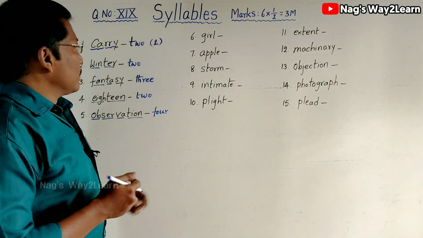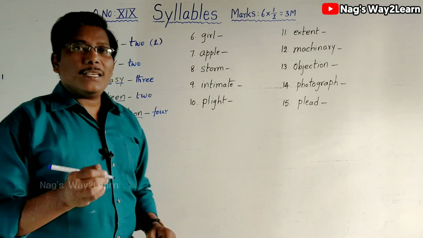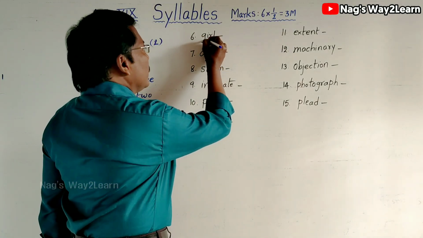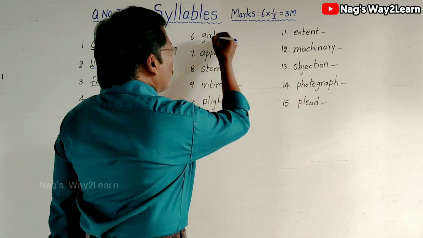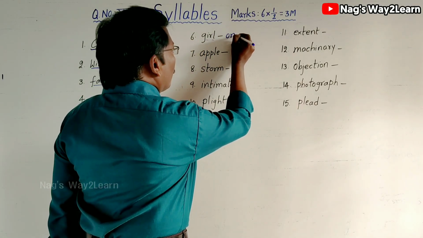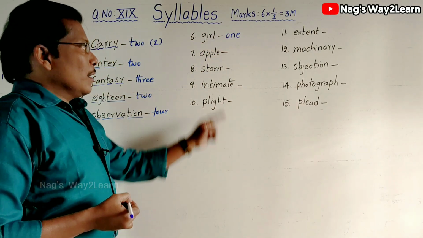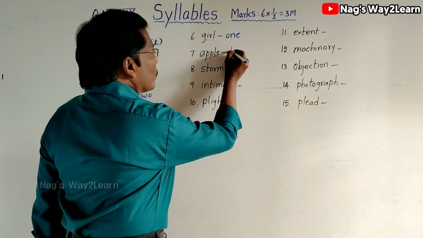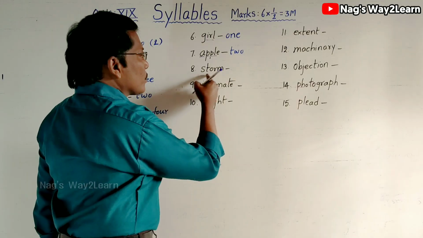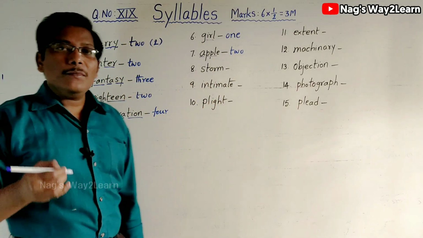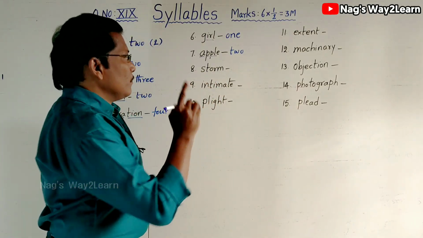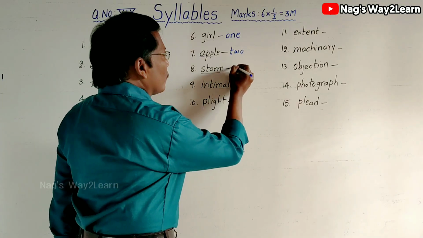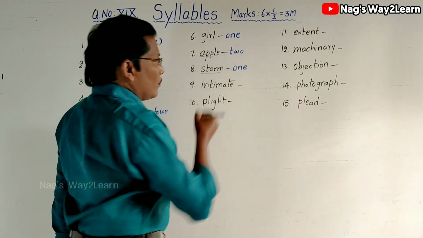Okay, so next, girl, there is only one sound, so this is a monosyllabic word, so one syllable is there. And apple, so there are two syllables. Storm, in storm there is only one sound, so there is only one syllable.